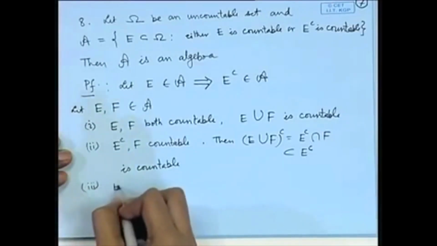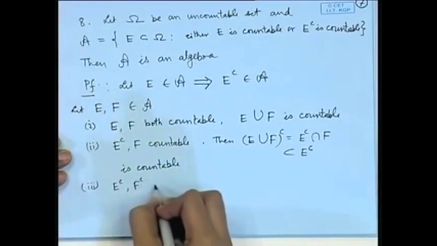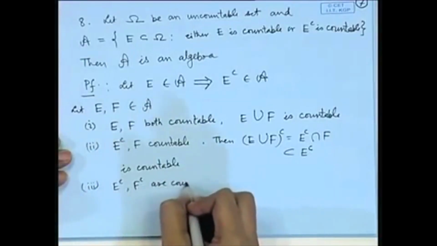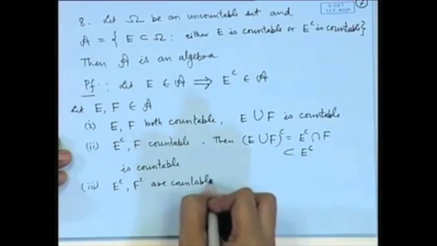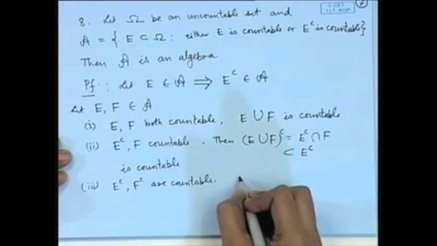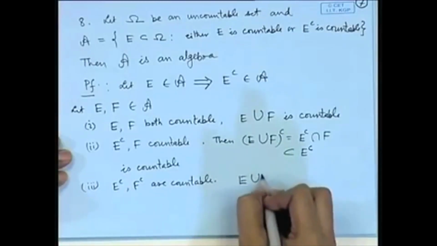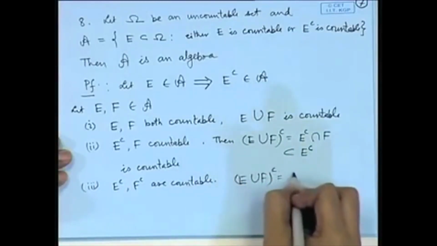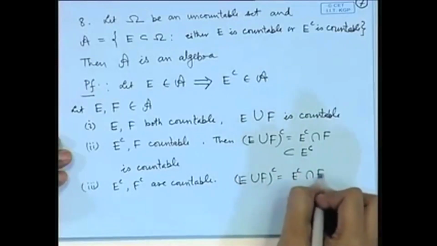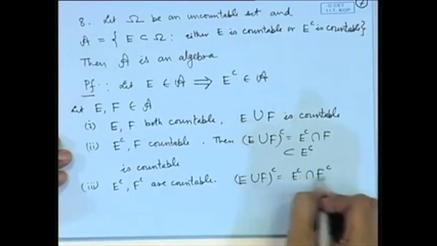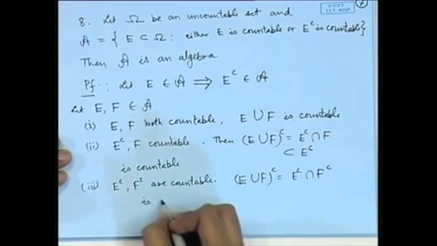Suppose both E complement and F complement are countable, then we can express E union F complement as E complement intersection F complement, and since both E complement and F complement are countable, the intersection is also countable.